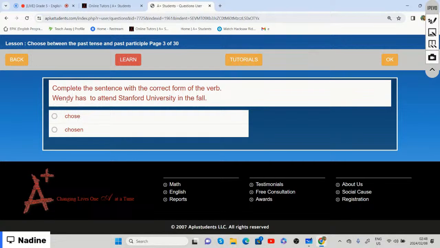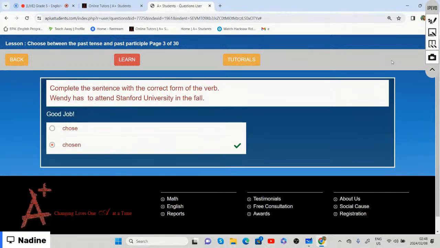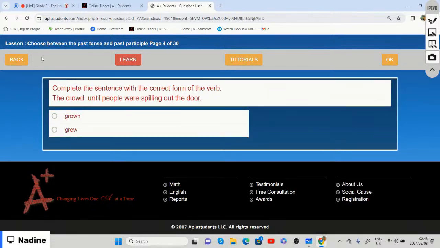So we can say Wendy has chosen to attend Stanford University in the fall. And chosen is correct.